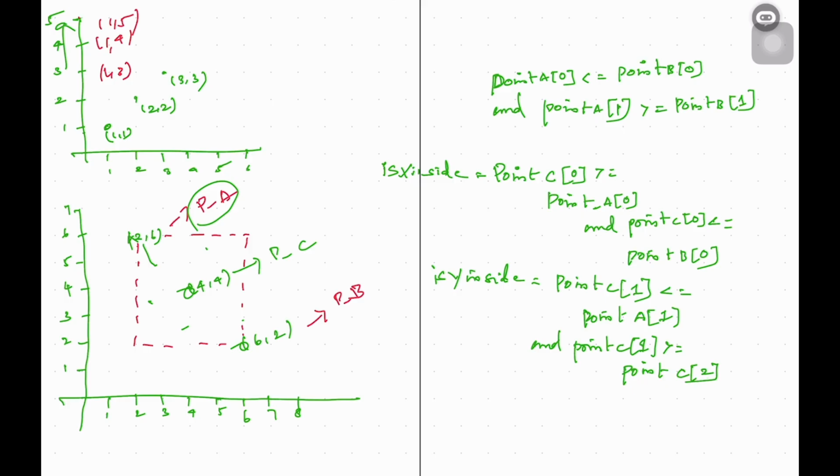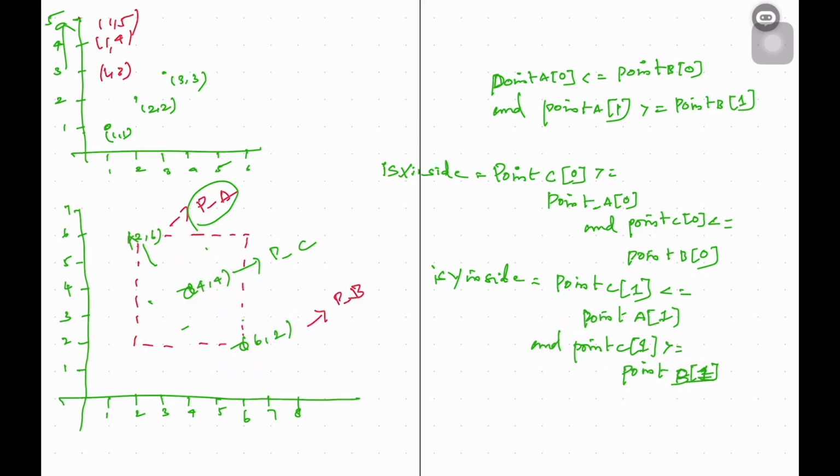Sorry, point B of 1, which means now point B of 1 on the upper side, point B will be increasing, right? So point C of 1 is greater than or equal to point A of 1 and lesser than or equal to point B of 1, which means okay, somewhere near.